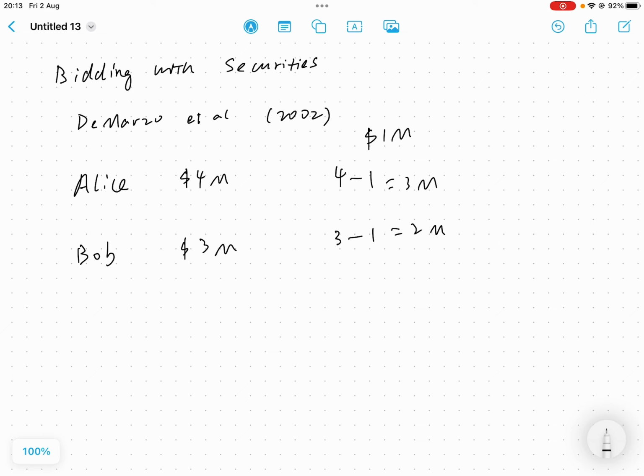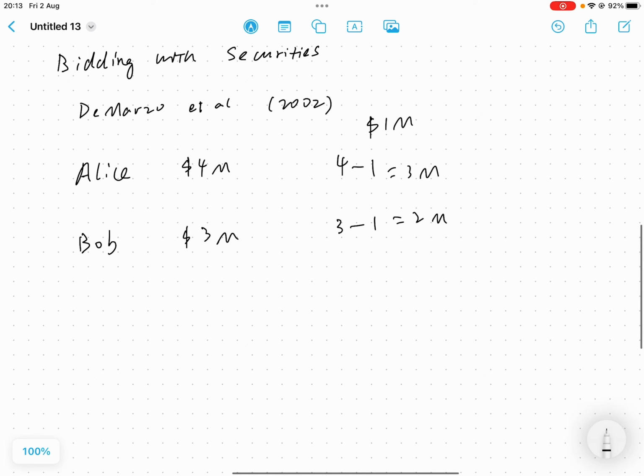But here, if we allow the bidders to use something instead of cash, we should notice that if we allow the bidders to use one certain kind of security, then that auction is called a formal auction, because the seller already limited the types of securities that the bidders can use.